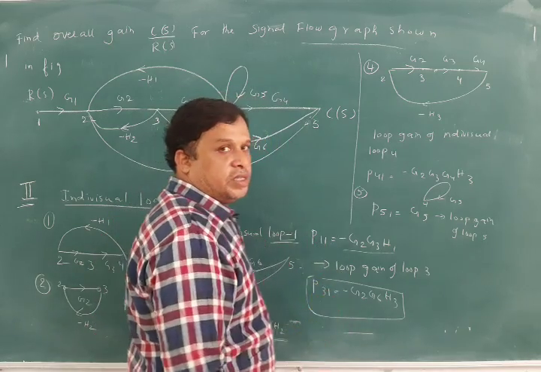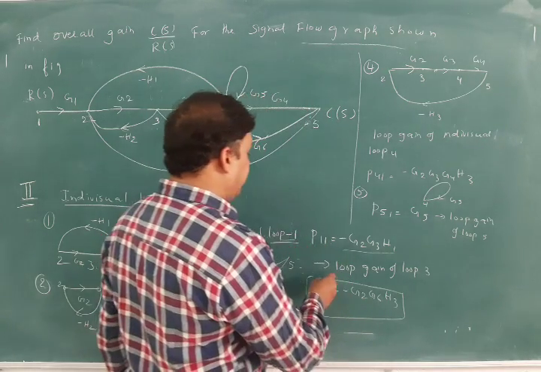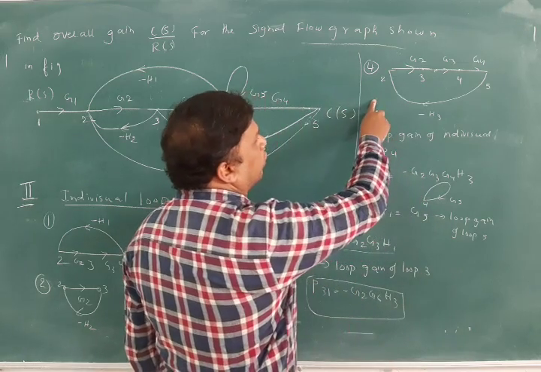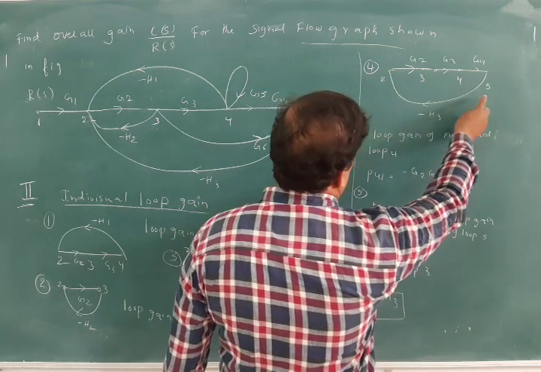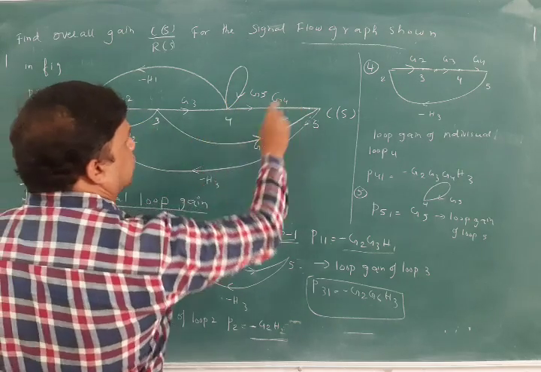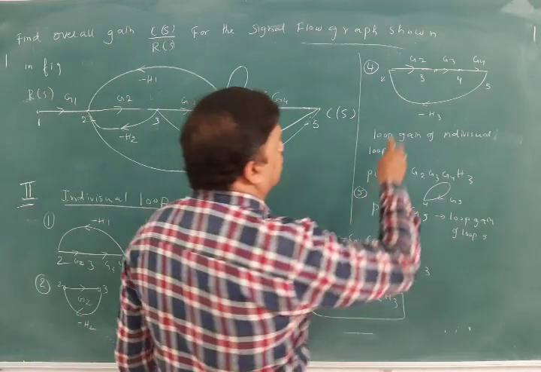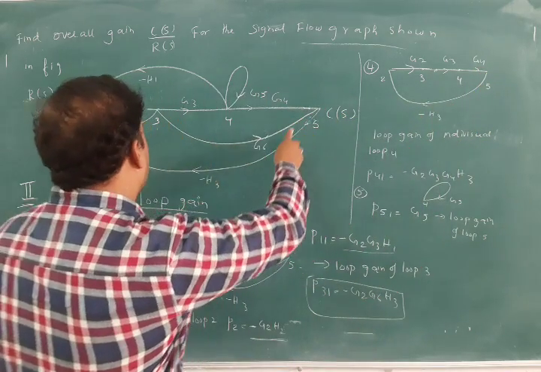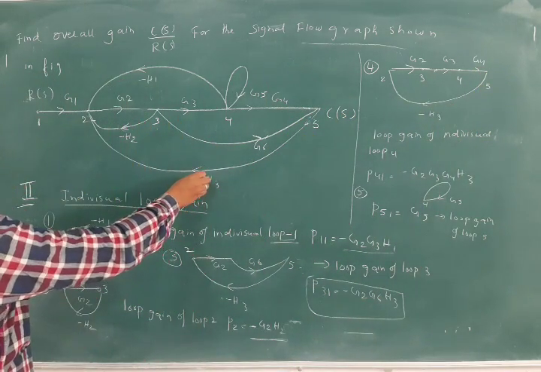After completing the loop 3 loop gain formula, we write loop 4. Going for loop 4, you have nodes 2, 3, 4 and 5. In between these, we form a loop. G2, G3, G4 are the gains, and you also have the minus H3 negative sign.